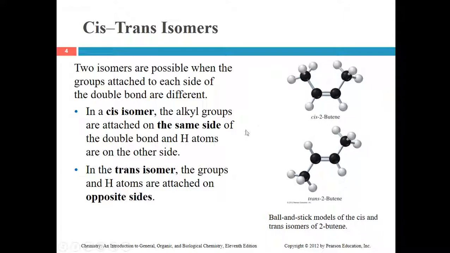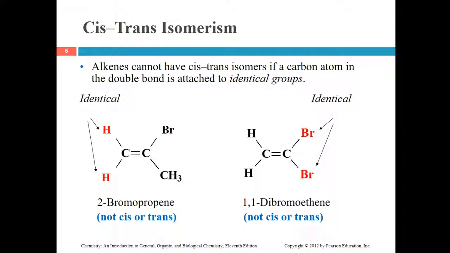In trans, the groups and the hydrogen atoms are attached on separate sides. This is just what we learned earlier, but this is using the ball and stick model to hopefully better represent it.